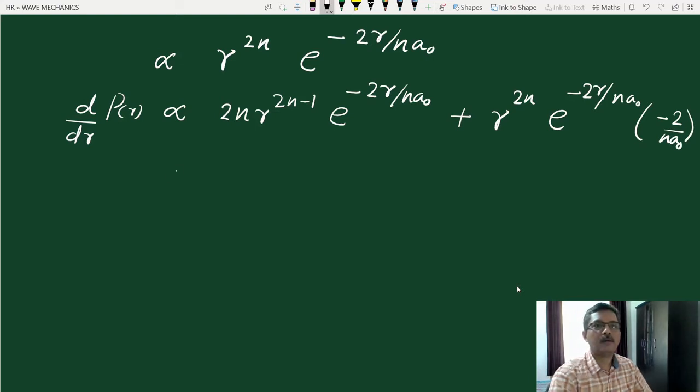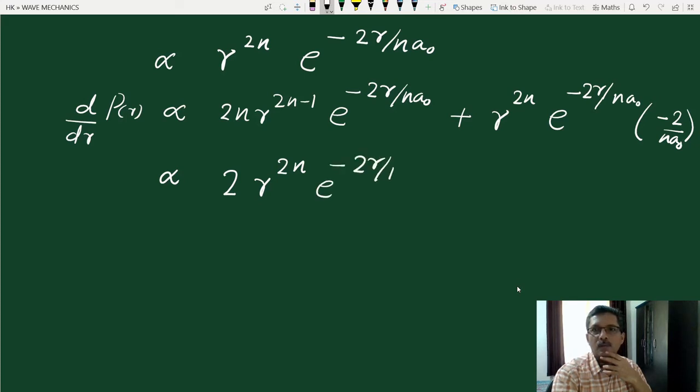Now if you take common terms outside, we can take 2 r raised to 2n e raised to minus 2r by n a0 outside.